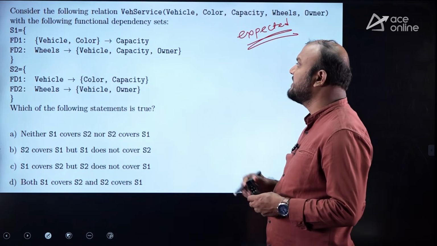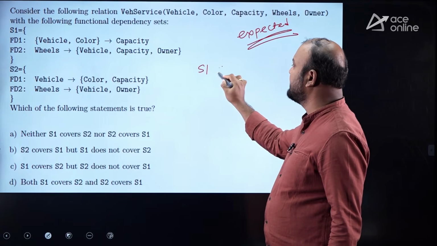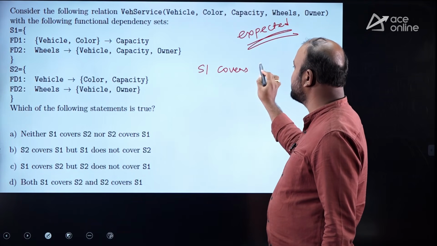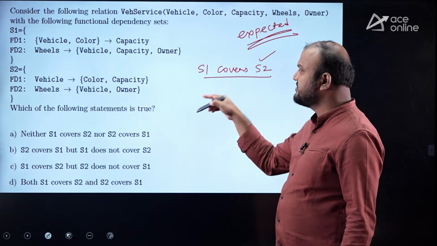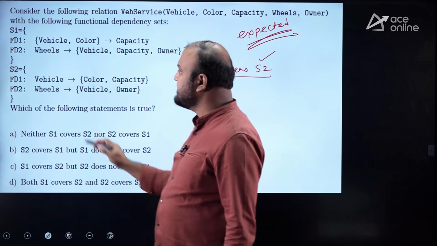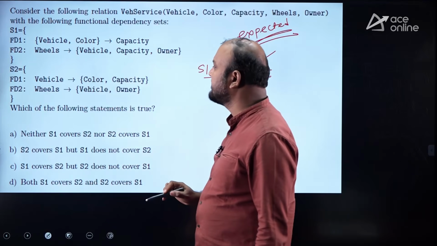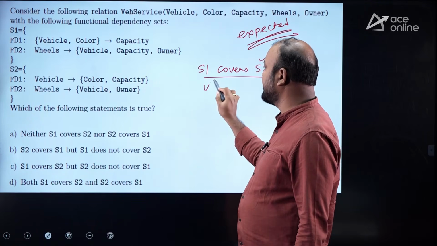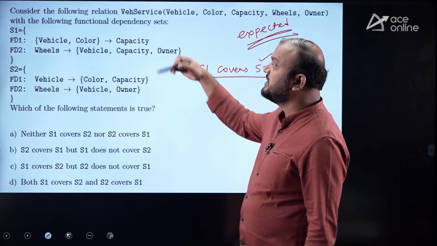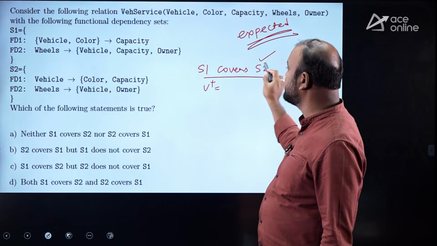What is the meaning of S1 covers S2? It means that the dependencies of S2 you can get using S1. Dependencies of S2 are vehicle to color capacity. If you have to check this, we have to take the closure of vehicle in S1, means checking S2 with respect to S1.